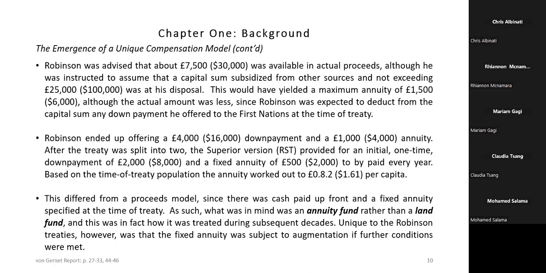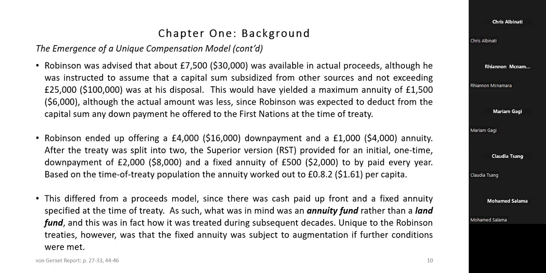But he had been instructed to assume that he had a capital sum which was subsidized from other sources, because obviously 7,500 isn't going to do it. You may recall that there were instructions given to him prior to treaty, and he was told that an amount not to exceed 25,000 pounds, which would have been $100,000, was at his disposal.